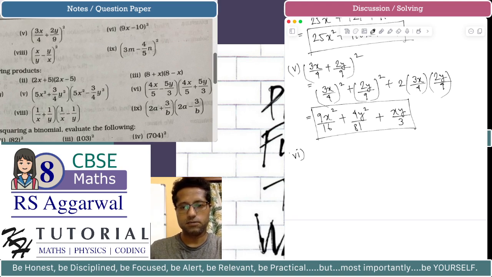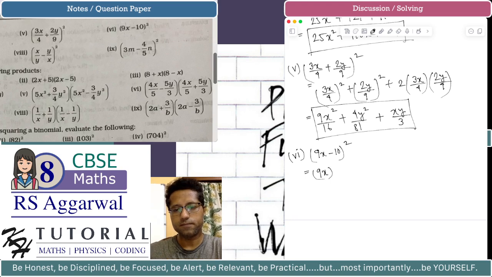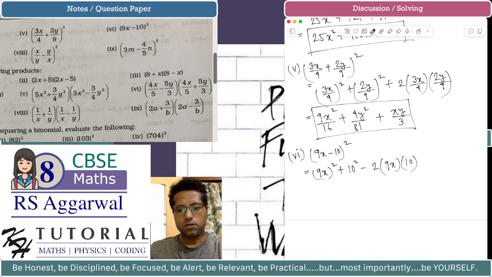Part 6 is (9x minus 10) square. So this is (a minus b) whole square, which is a square plus b square minus twice of a multiplied by b. 9x square is 81x square, 10 square is 100, and minus we have a 180x.